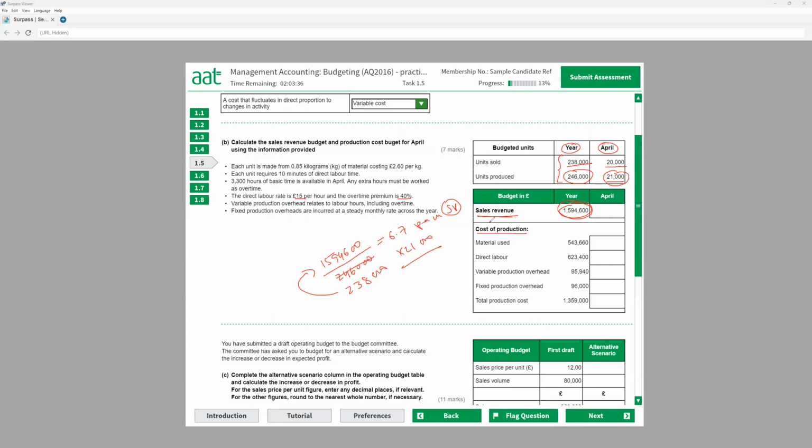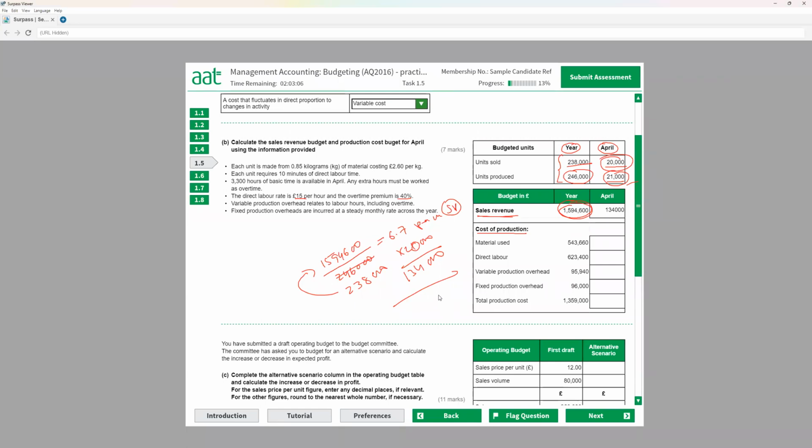That gives me 6.7, and we sold 20,000 units. Be very careful with the numbers. I don't know why I'm writing 21. We produced 21,000, but we sold 20,000. So 6.7 times 20,000 gives me 134,000. This is my sales revenue, 134,000.